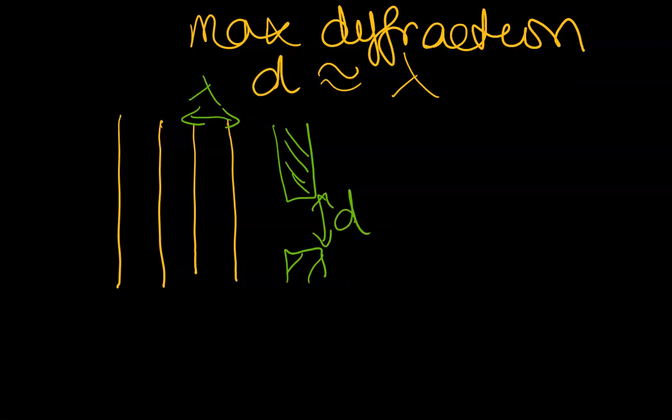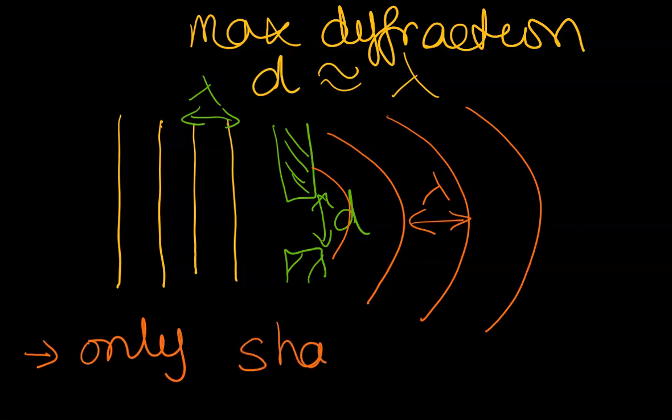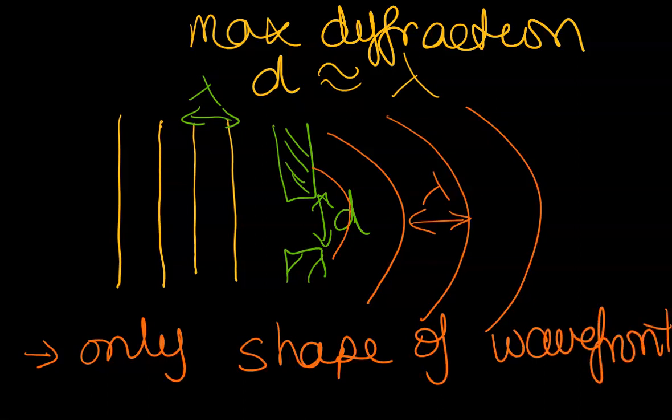That is the condition for maximum diffraction, where a circular wavefront pattern is generated. Again, the distance between subsequent wavefronts is one wavelength. So what I will notice is that in diffraction, the only property that changes is the shape of the wavefront. Okay?